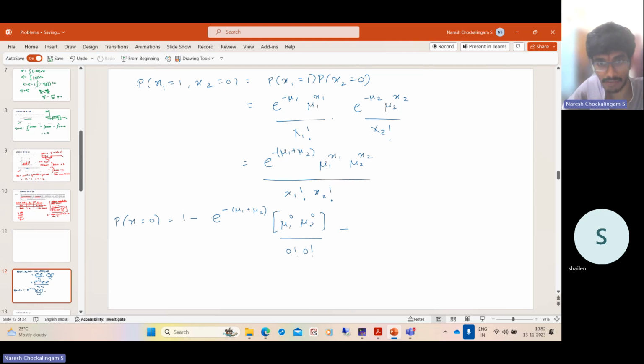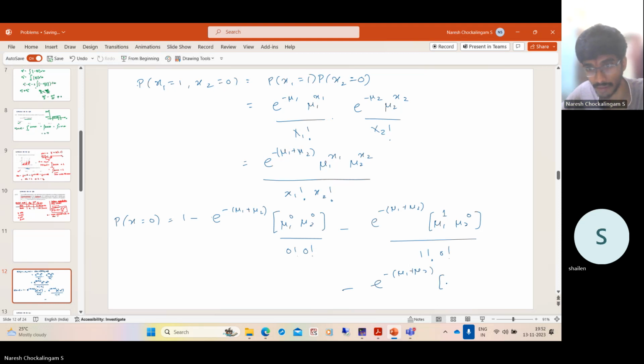Then the second case, x1 equal to 1, x2 equal to 0: e power minus (mu1 plus mu2), mu1 power 1, mu2 power 0 divided by 1 factorial into 0 factorial, minus e power minus (mu1 plus mu2), mu1 power 0, mu2 power 1 divided by 0 factorial into 1 factorial. All the denominators are just 1, since 1 factorial is 1 and 0 factorial is 1.